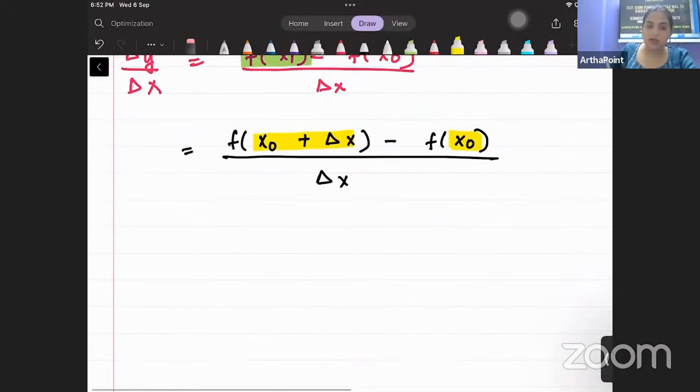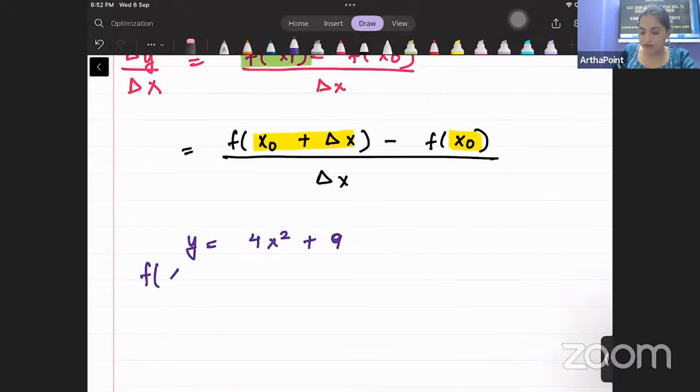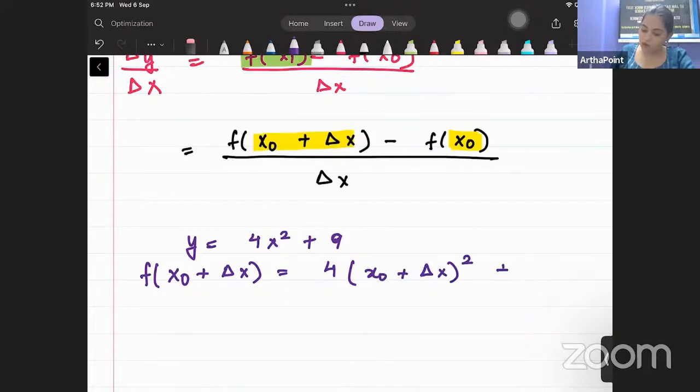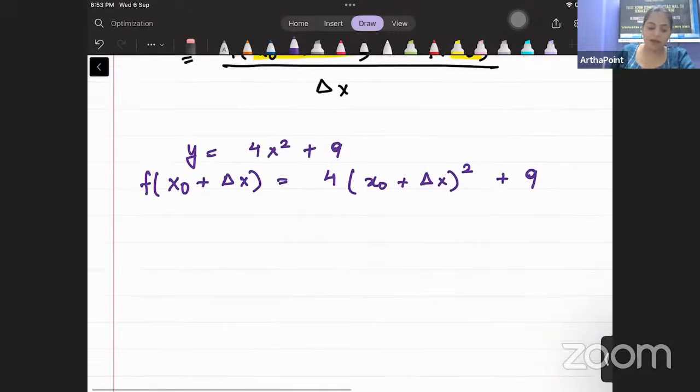Do it quickly. So beta, y is 4x square plus 9, so what will the value of the function at x naught plus change in x be? 4 times, instead of x you will put x naught plus change in x whole square, plus 9. So you will have 4. Use the a plus b whole square formula here.